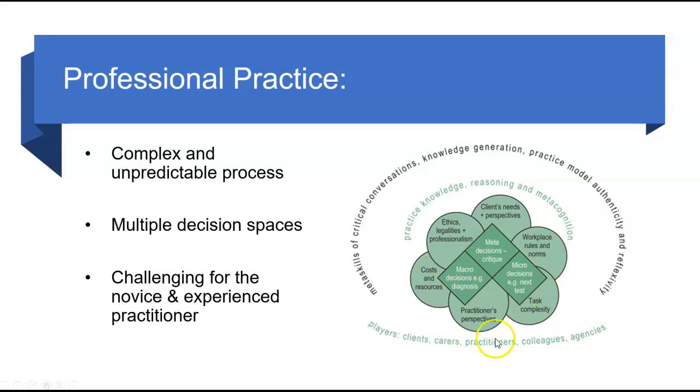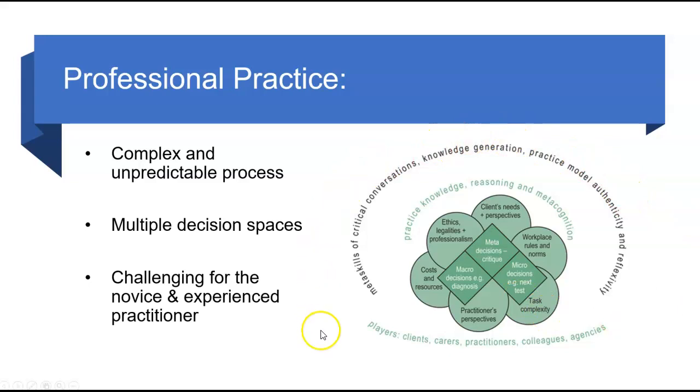So within this we also have your perspectives. How complex is this task that you're being asked to do? And then we have macro decisions such as diagnosis, meta decisions, which is critiquing what you're doing, and micro decisions. For example, what's the next test I need to do on my patient based upon the outcomes of what I just did? Where do I go next?